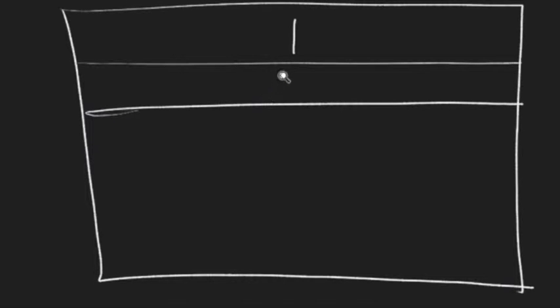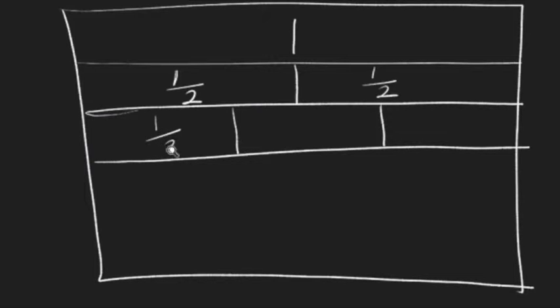Okay, let's see, we have 1/2 and 1/2. When you add that together, you get 1. Also within 1, you can divide 1 into 3, and you have 1/3.